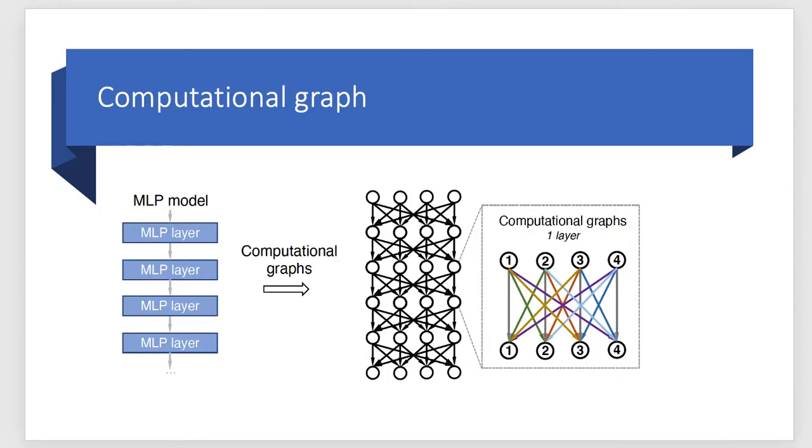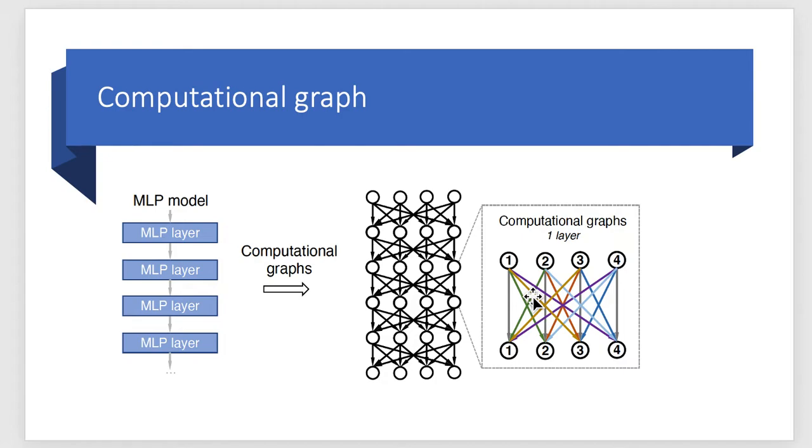Here is an example of a computational graph. This is a computational graph of a multi-layer perceptron model. As this figure illustrates, the computational graph of such a model can only be a DAG. We can clearly see how the data flows and how to use backpropagation to update parameters along the links between neurons.